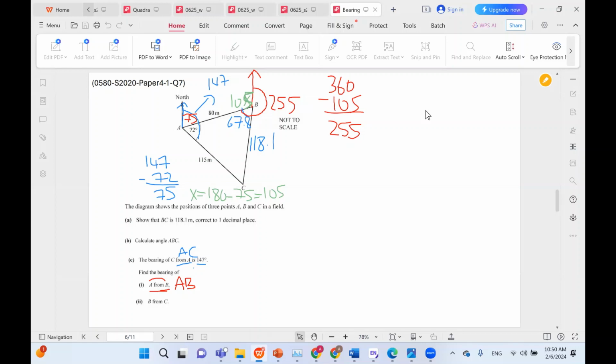Next, we are required to get the bearing of B from C. So for the bearing of B from C, we follow the same protocol. We draw a north at point C. So let me draw the north right now.